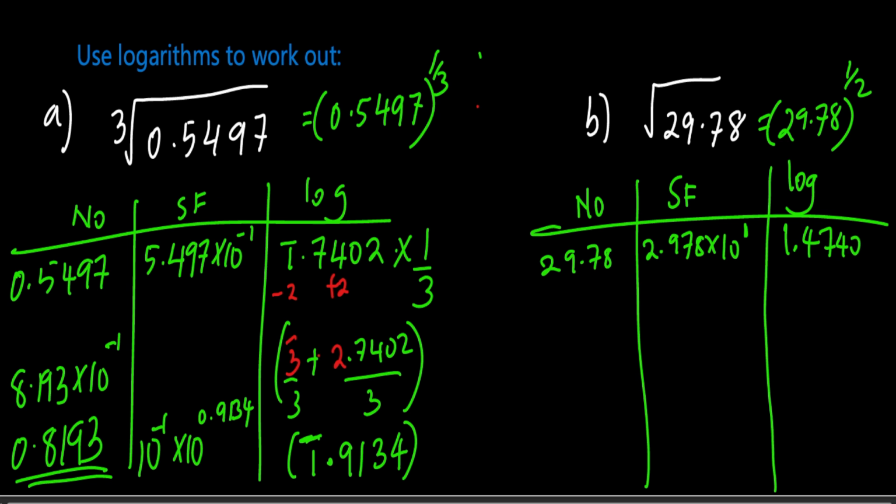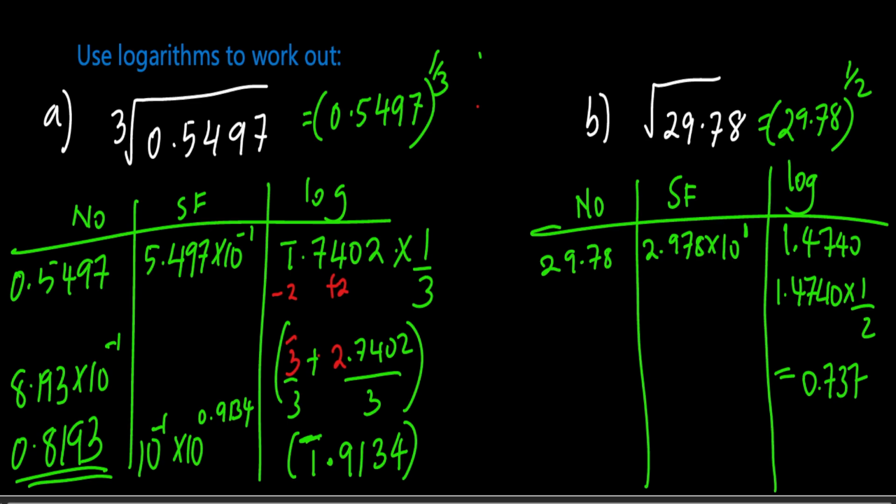This one you're supposed to multiply by a half. Dealing with this one is quite easy compared to the one above. Just divide directly. So 1.4740 divided by 2 is going to be 0.737.